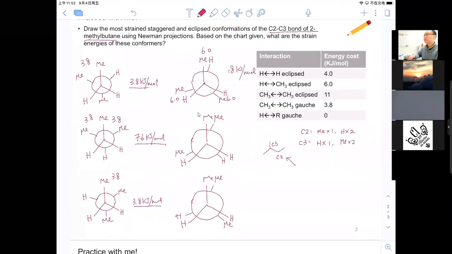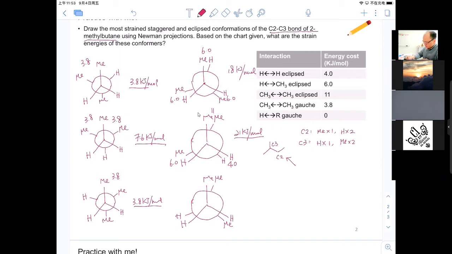The second one has methyl and hydrogen methyl. We just need to find out in this chart. Methyl is 11, hydrogen is 4.0, and methyl hydrogen is 6.0. 11 plus 10, which is 21 kilojoule per mole.